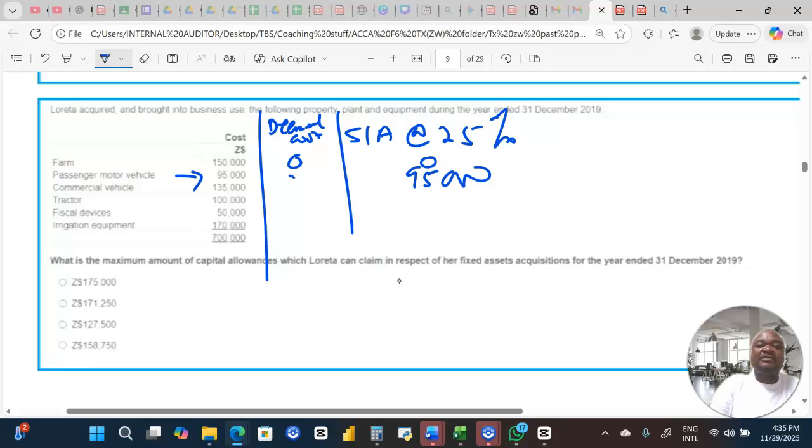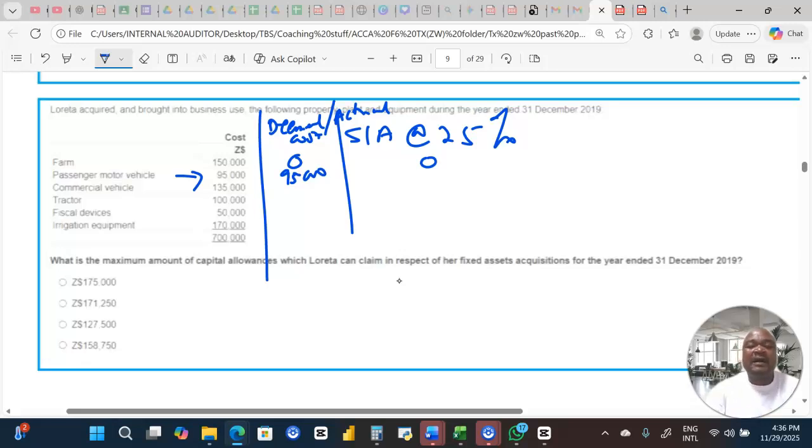The handwriting is too big. So we say 95,000, that's the cost to the employer. In that case, the deemed cost becomes the actual cost, so the column should be deemed or actual cost.